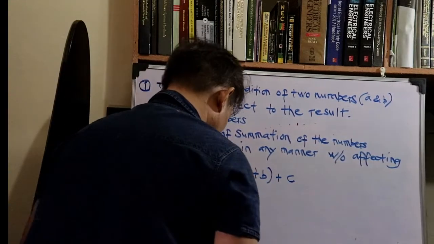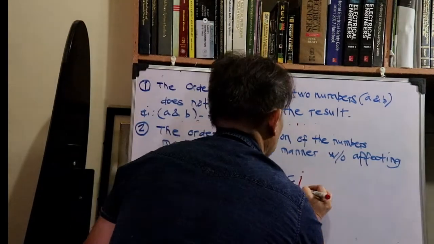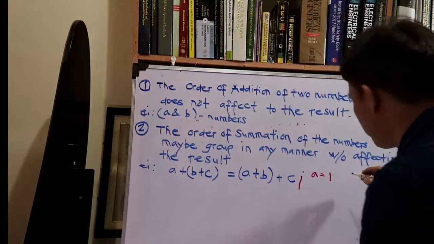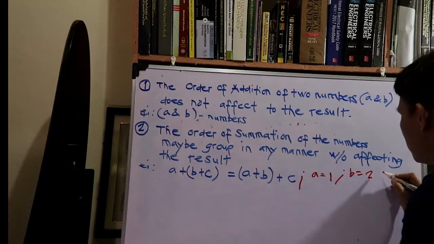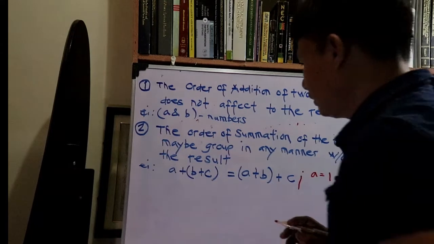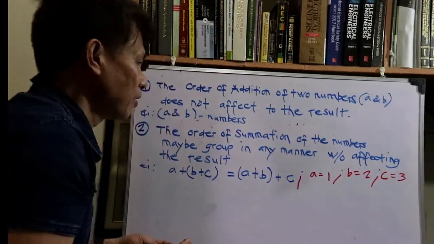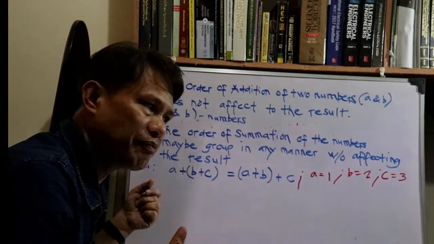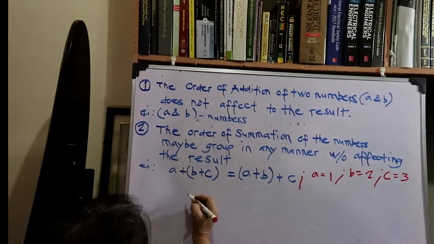If you are going to apply this to numbers, say, for example, we use A as 1, B is 2, and C is 3. Okay? Take a look at how it's being done, so that you could understand these principles fully and apply them to real numbers.